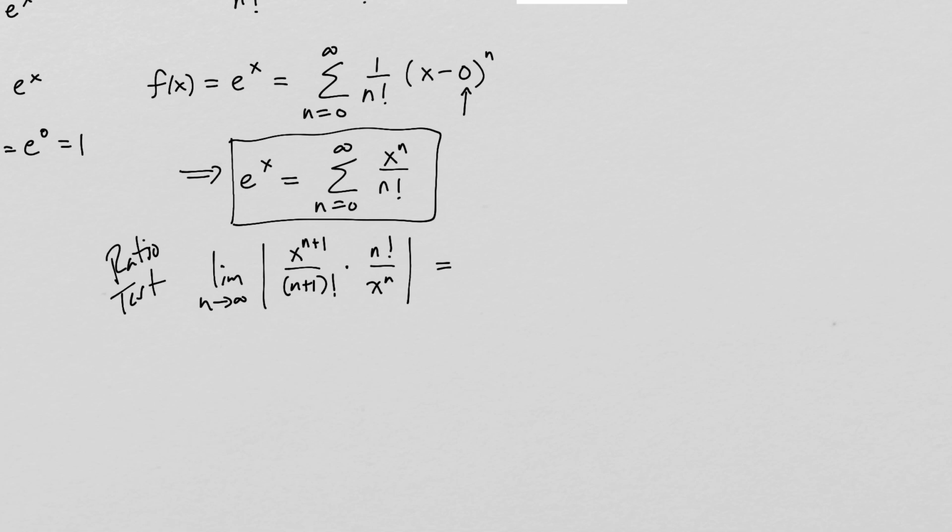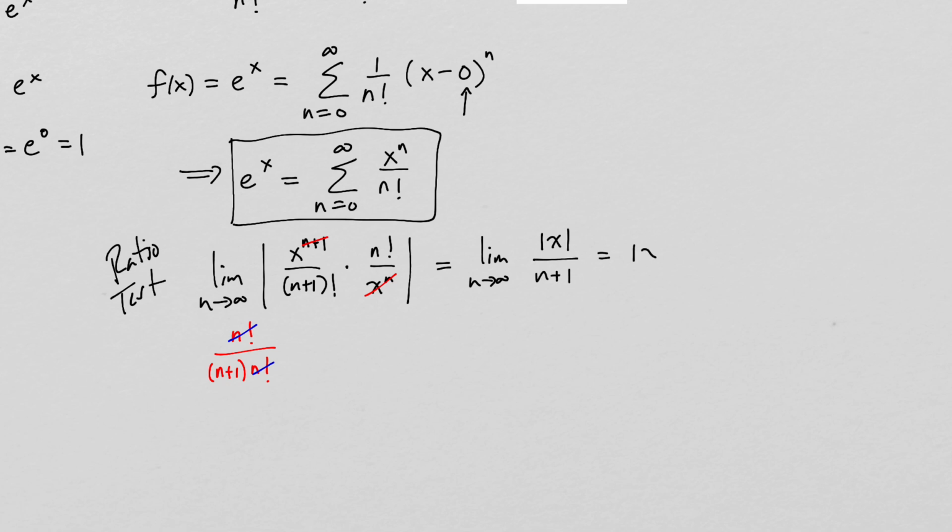Canceling some things here, x to the n cancels out almost all of the x's except for 1. And then don't forget, if you have n factorial divided by n plus 1 factorial, n plus 1 factorial can be expressed like this. And then the n factorials cancel out. And so this becomes the limit as n goes to infinity of the absolute value of x divided by n plus 1.